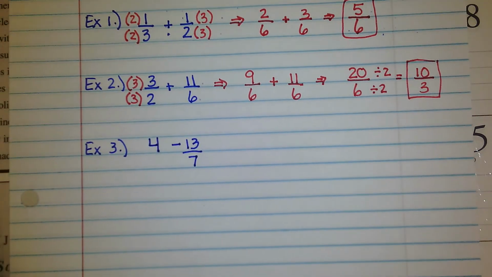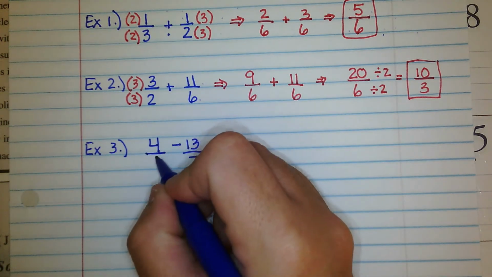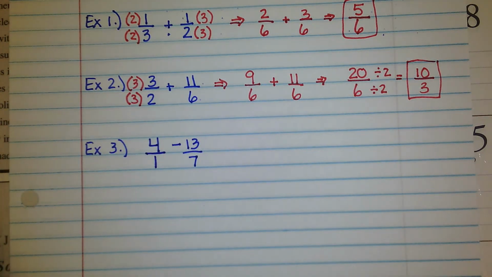This one looks strange in and of itself, and that's because our 4 is a whole number. It's not even in fraction form yet. So in order to even start this process, the first thing I have to do when I have a whole number is turn it into a fraction by putting it over 1. That's our first step.